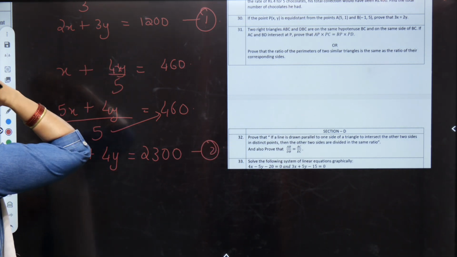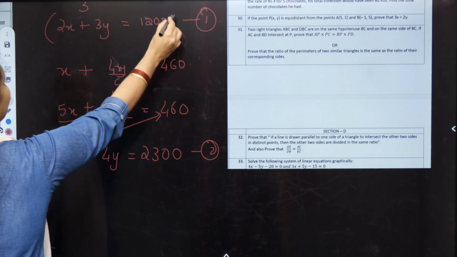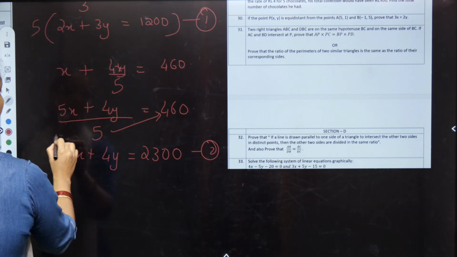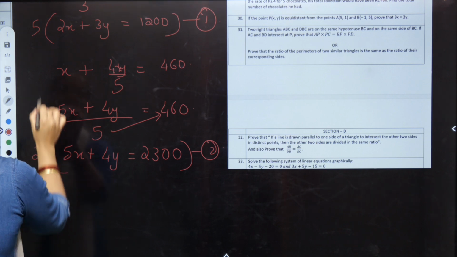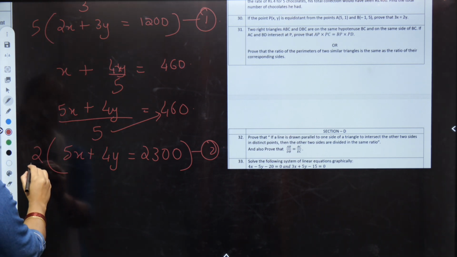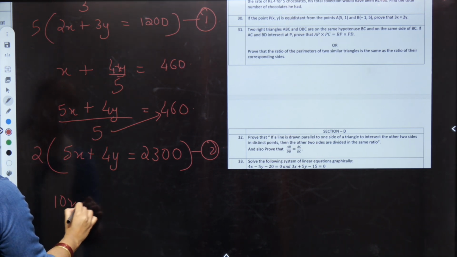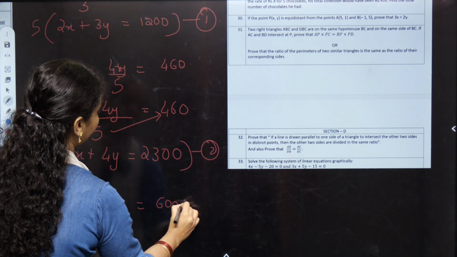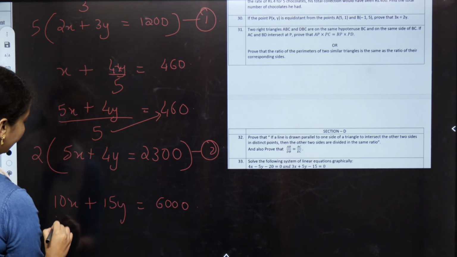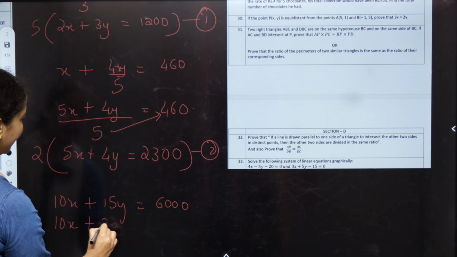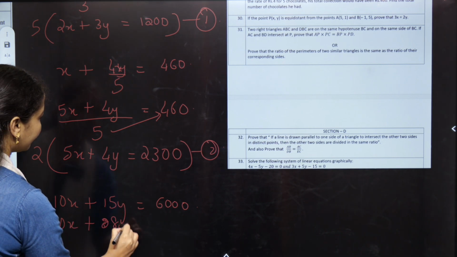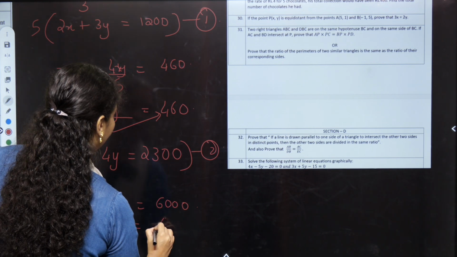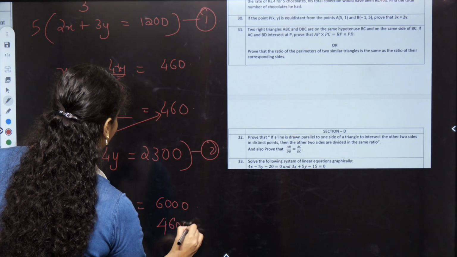I will be interested in the elimination method. So I will multiply the first equation with 5, the second equation with 2. So my first equation is turning to 10x plus 15y is equal to 6000. My second equation is turning to 10x plus 8y is equal to 4600.